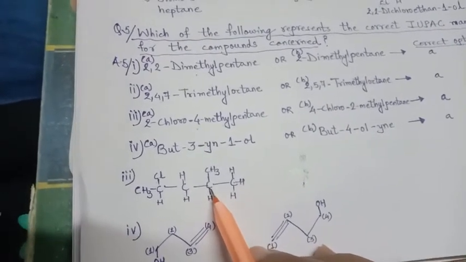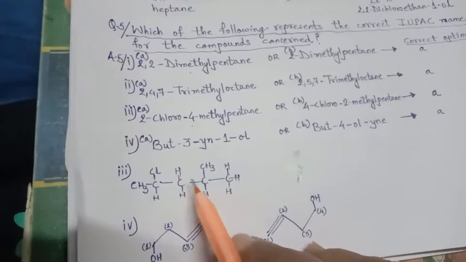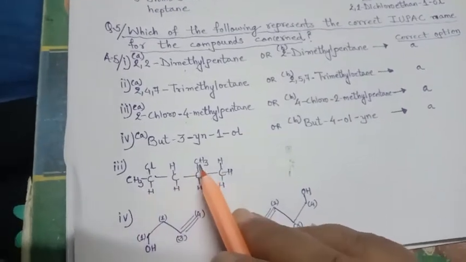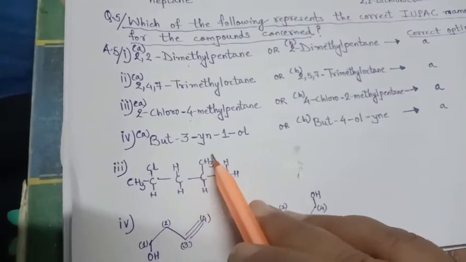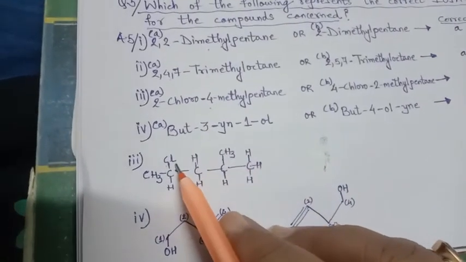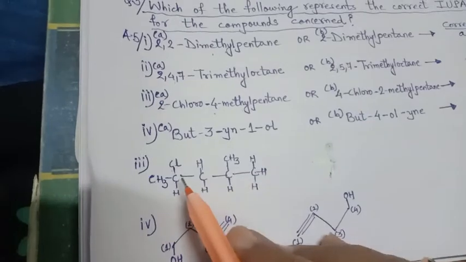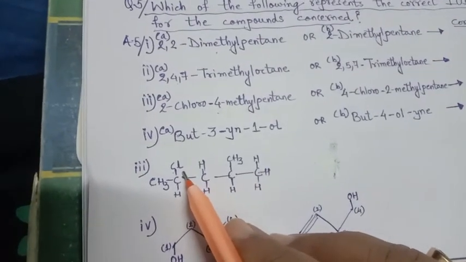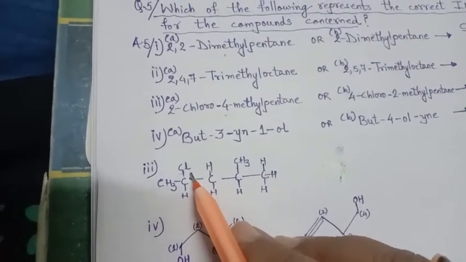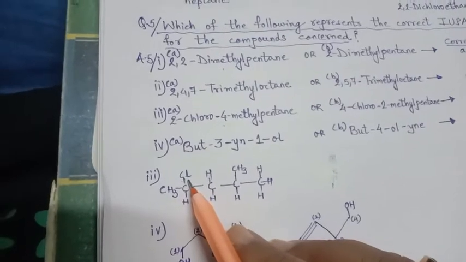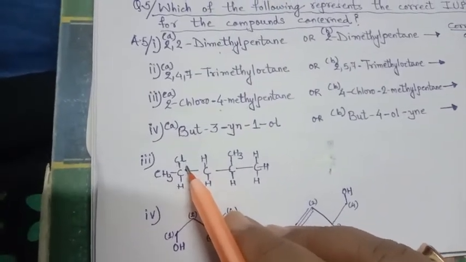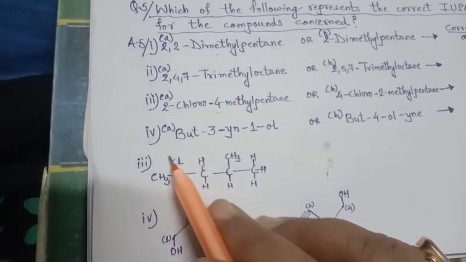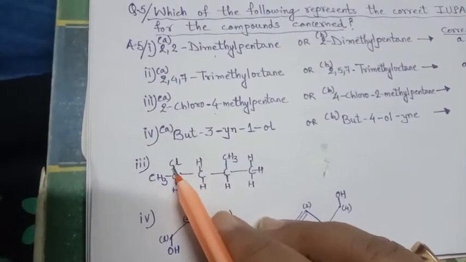Now if we consider this, then chlorine and methyl. Compared to these two, methyl is an alkyl group whereas halogen is considered. Here halogen will be the functional group. Right? So it will take the lowest locant. If OH is there, aldehyde is there, carboxylic acid is there, then chlorine will be a substituent group.